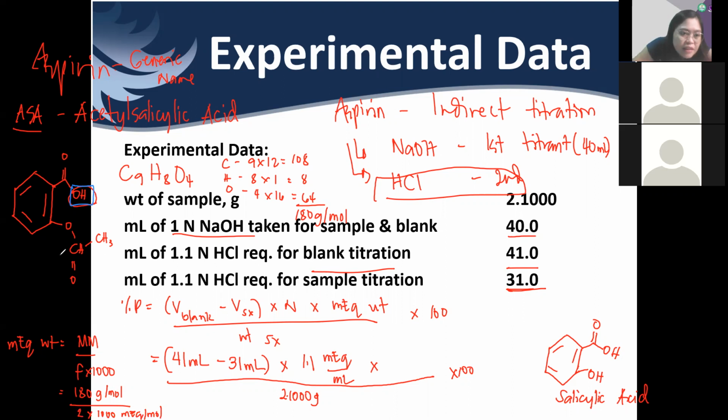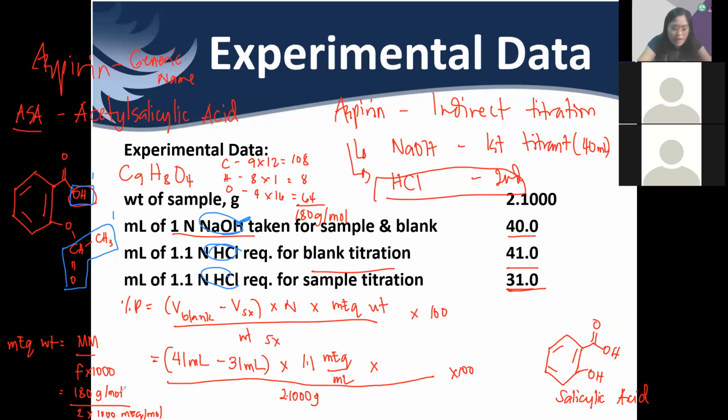And then aside from that, this part here can also be given up, not really with the number of hydrogen, but parts of the structure class can be given up to have another reaction with the titrant. So all in all, dalawang parts yan ng aspirin na magre-react with the sodium hydroxide. Kasi yung HCl dito na magre-react with the excess na sodium hydroxide. So please take note that our F for aspirin is 2.